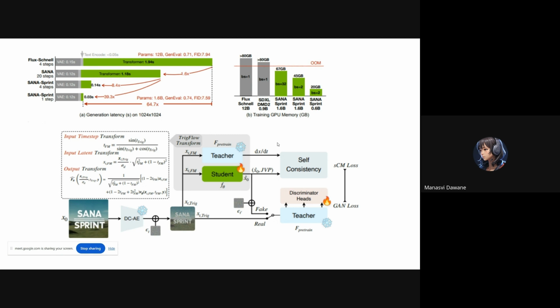So Sana Sprint trains 32x more samples per step in less memory than the Flux model needs for just one sample. Whatever memory the Flux model takes for one sample, Sana uses that much for 32x samples.